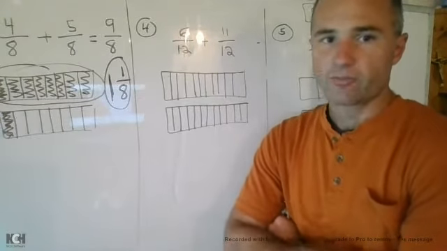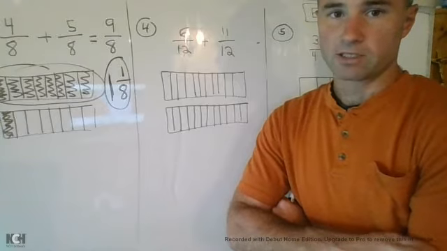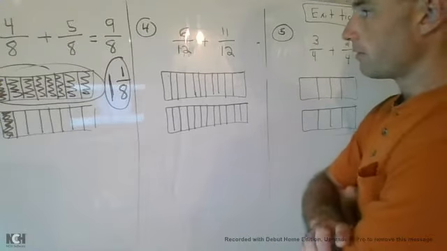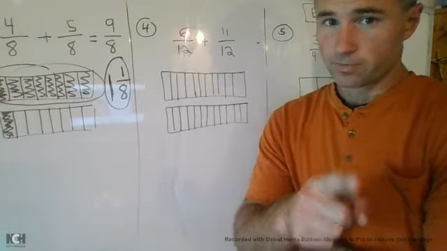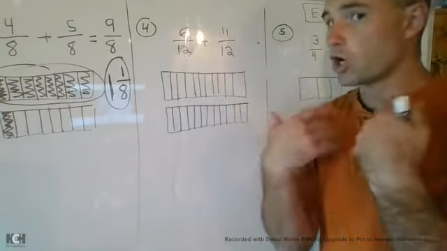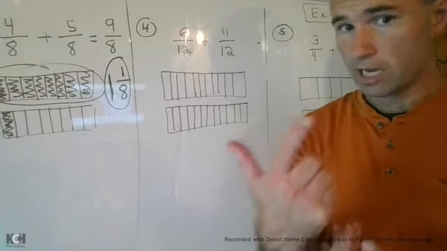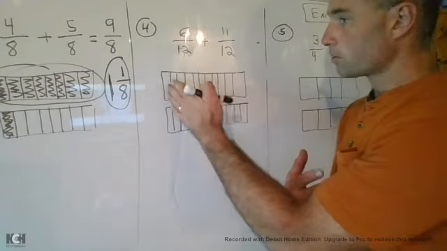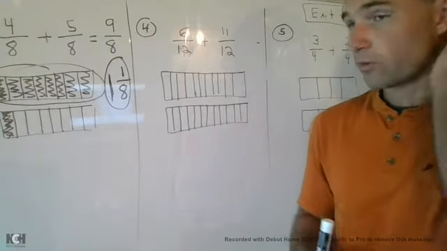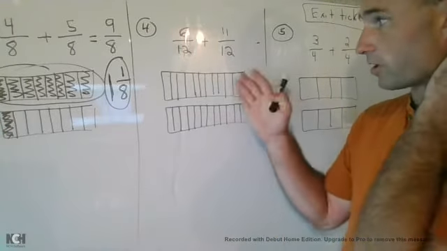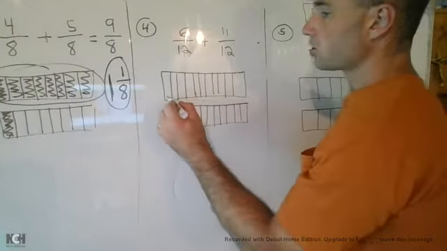So like I said at the end of problem number 3, I'm going to purposely make a mistake here. Let's say I didn't check to make sure I had the right amount of parts. Without knowing it, there's only 11 parts here when there should be 12. So this is what happens when you don't check to make sure there's 12 parts and there's only 11. I start shading things in.